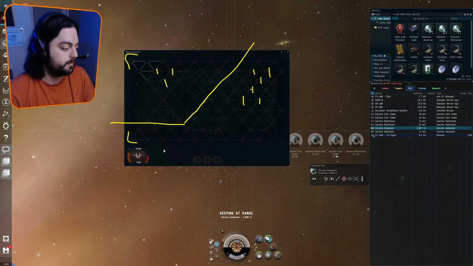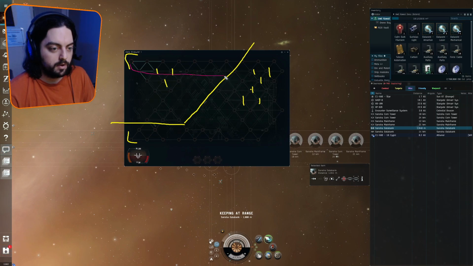Okay. Change to our lovely pink for the route. Definitely want to check this stuff out. And then we want to go over here.